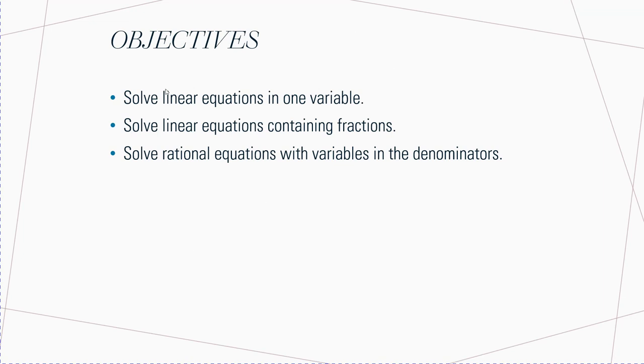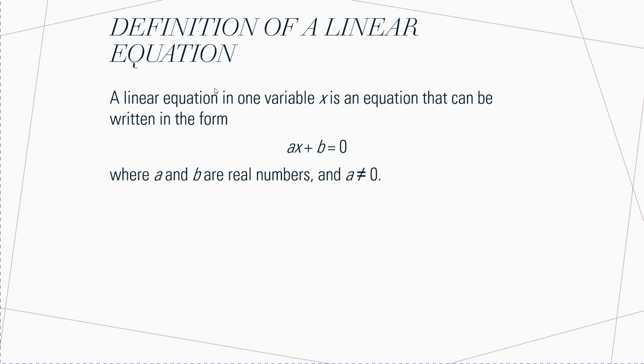All right, so first off, what exactly is a linear equation? A linear equation in one variable x. All the problems we'll do will involve x, but it can actually be any variable. It is an equation that can be written in this form: ax plus b is equal to 0.